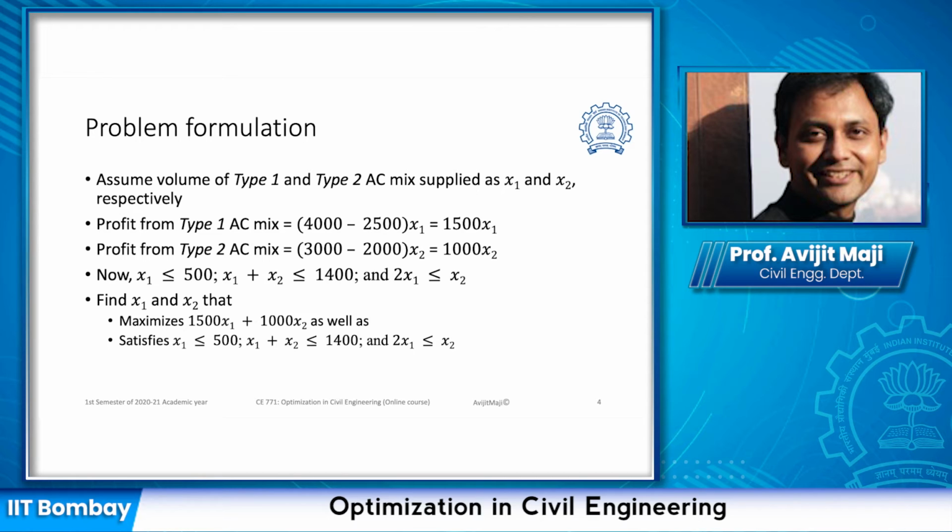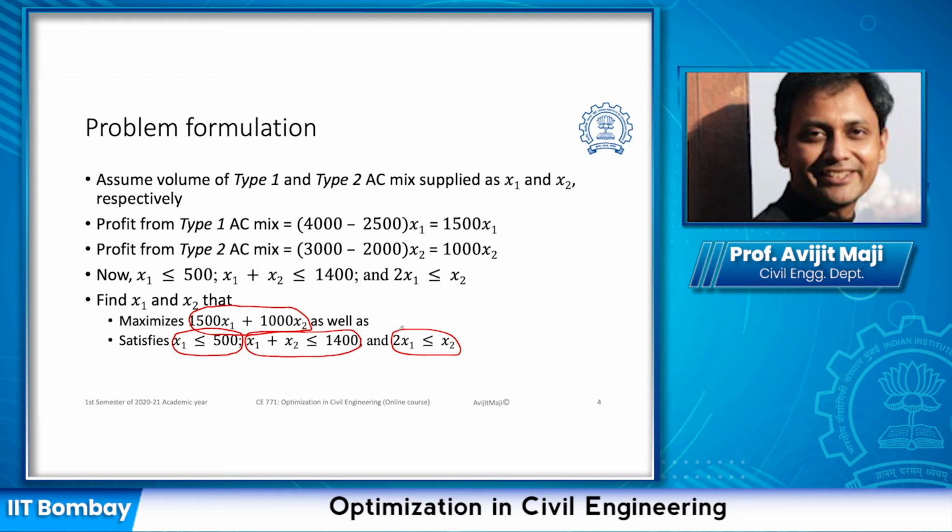Our objective is to maximize the profit. The maximization of profit you can represent as 1500 x1 plus 1000 x2, and we also need to satisfy the three conditions: x1 less than or equal to 500, x1 plus x2 less than or equal to 1400, and 2x1 less than or equal to x2.